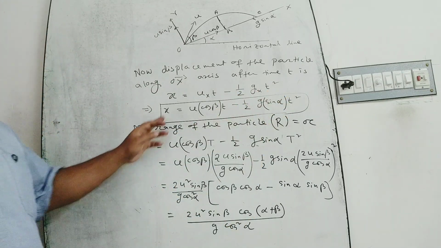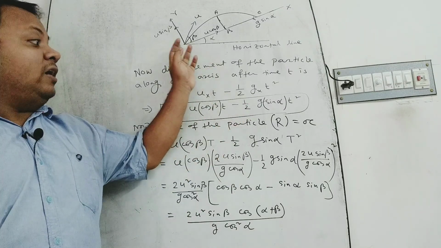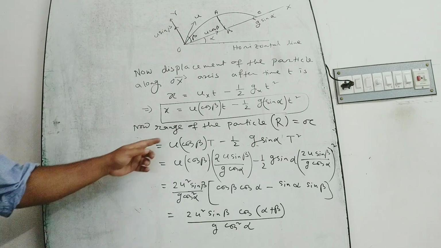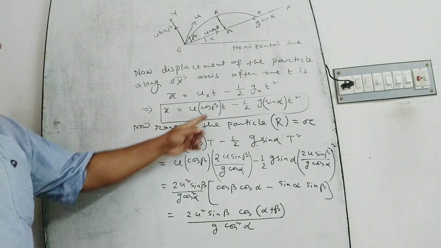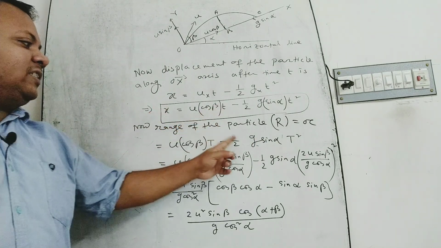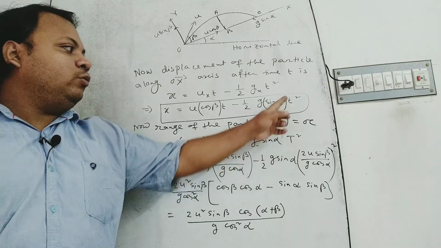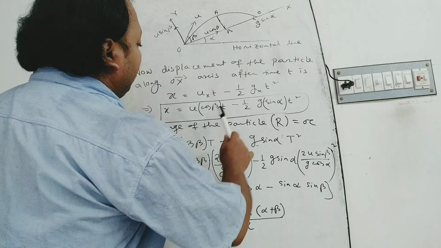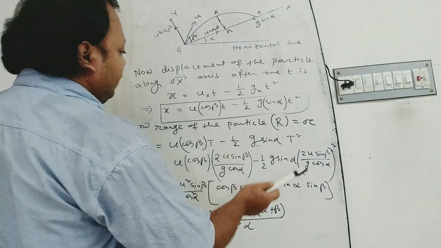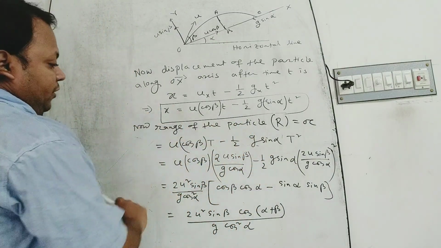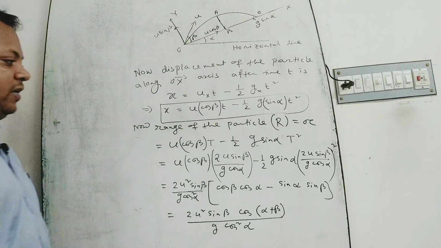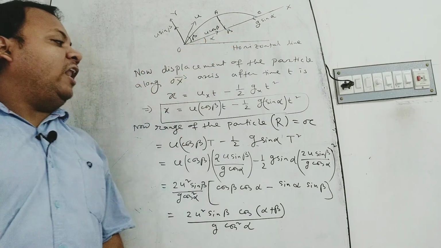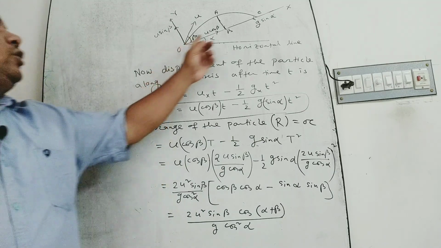Now the range of the particle capital R is equal to OC is equal to u cos beta into capital T minus half g sin alpha into capital T square. Here we put capital T in the place of small t. That's why we can get the maximum displacement of the particle along the OX axis, that is the range of the particle.